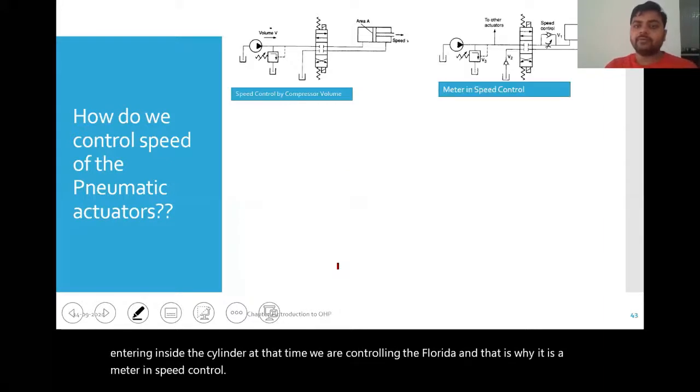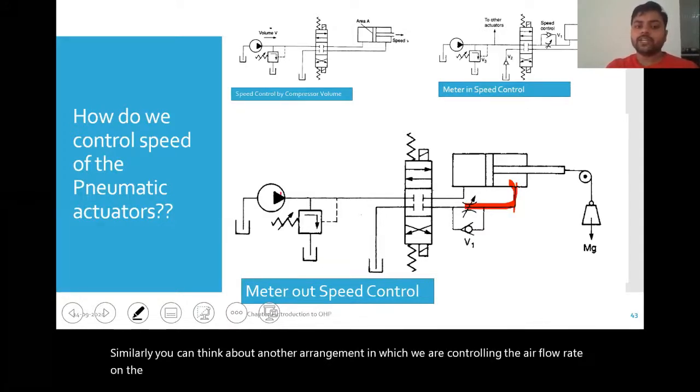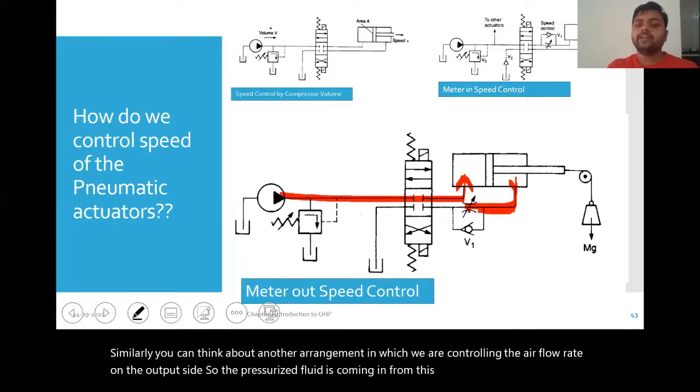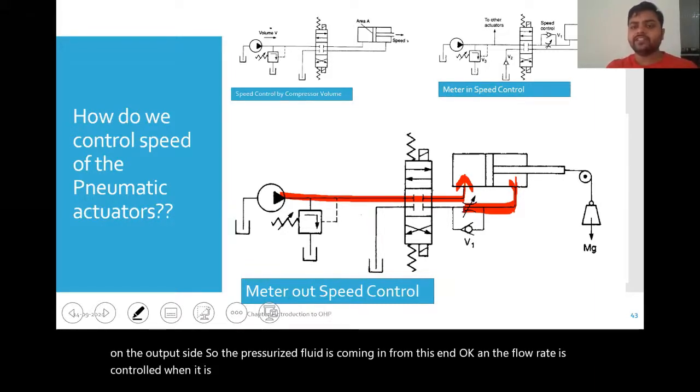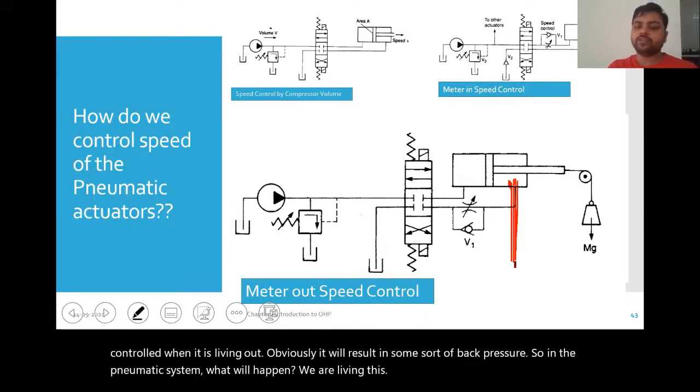Similarly, you can think about another arrangement in which we control the air flow rate on the output side. The pressurized fluid comes in from this end, and the flow rate is controlled when it is leaving. Obviously, it will result in some sort of back pressure. In the pneumatic system, what will happen? We are leaving this out to the atmosphere, right?